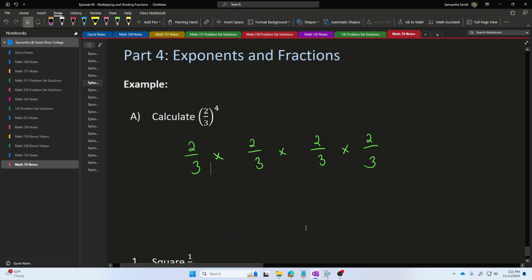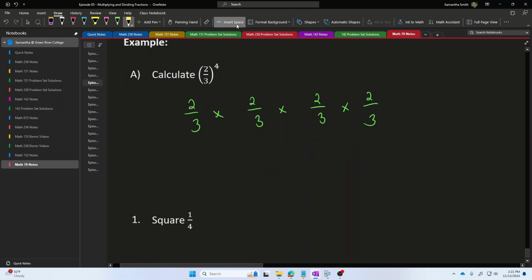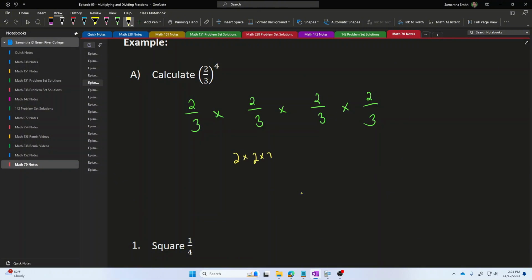Now, when we are multiplying fractions together, all we have to do is multiply the numerators together and then separately multiply the denominators together. So I would have 2 times 2 times 2 times 2 in the numerator, and I would have 3 times 3 times 3 times 3 in the denominator.